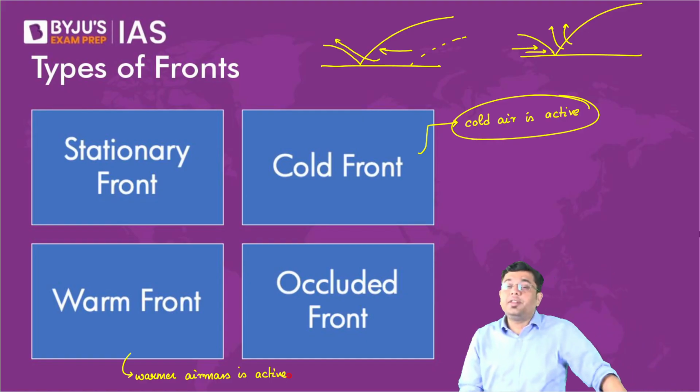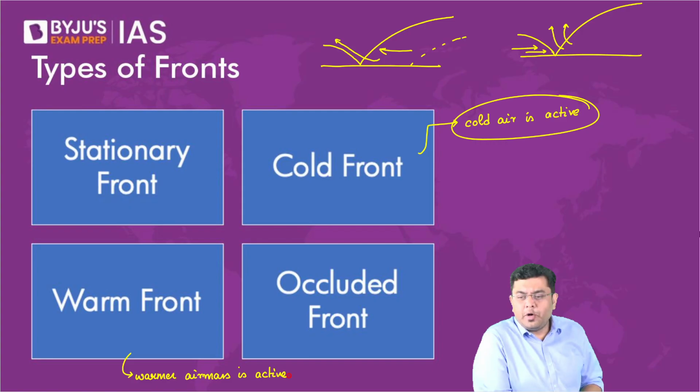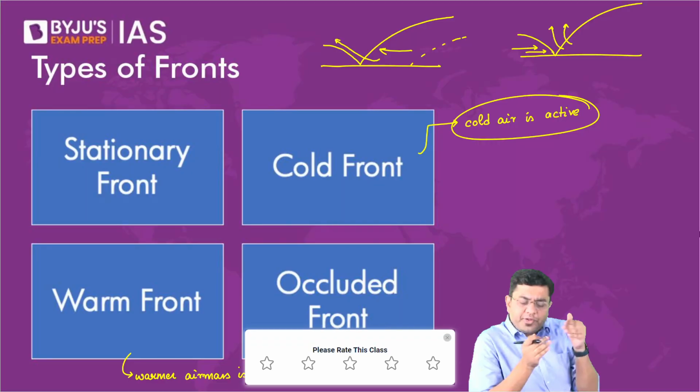Then you have what is referred to as the occluded front. Now, what is the meaning of occlusion here? Are we having any idea about the meaning of occlusion? Occlusion is also an English terminology. Occlusion basically refers to the act of closing, when something is closing up. So this is the stage when the front starts closing up.